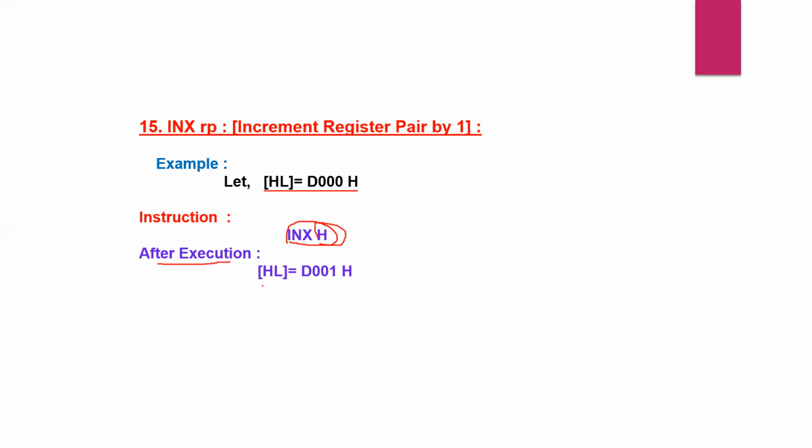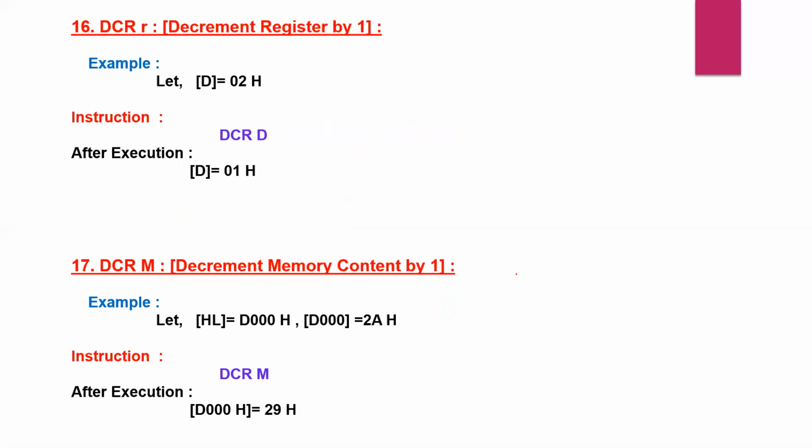After execution, register pair contains data D001. If we use INX again, then this is incremented to D002H. So these are increment instructions.